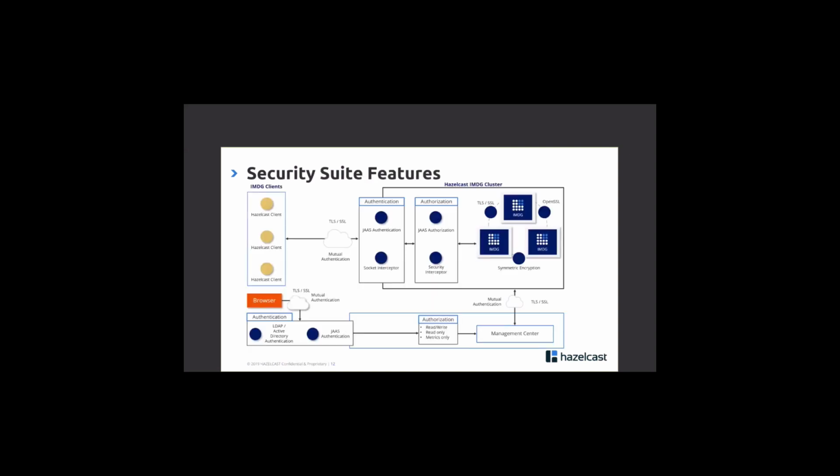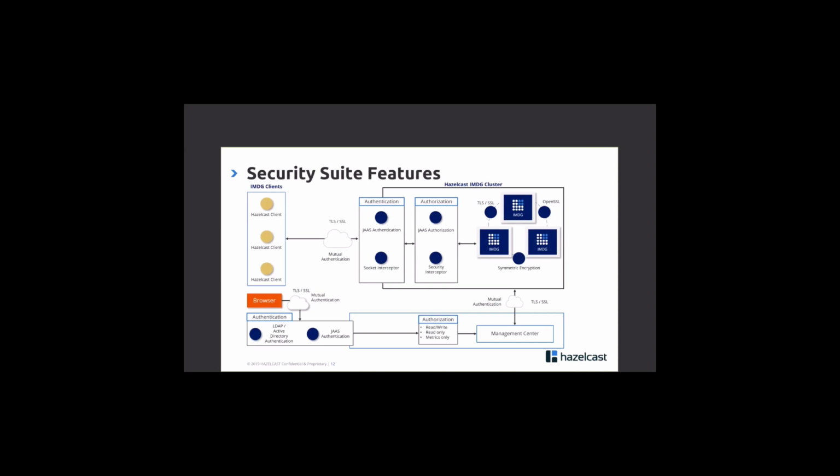And so just to review the range of security features as part of a Hazelcast deployment, you'll see on the left there are the various clients. So you might have applications built on IMDG talking to an IMDG cluster, or you might have a browser that you use to talk to Management Center. And as you move right, you'll have private connections to IMDG or to Management Center using TLS.